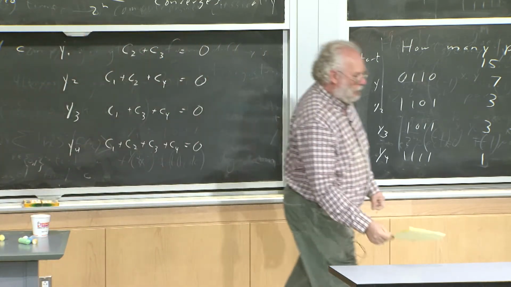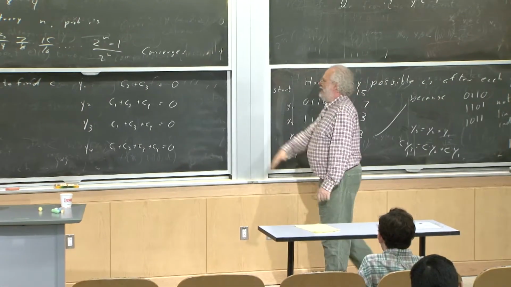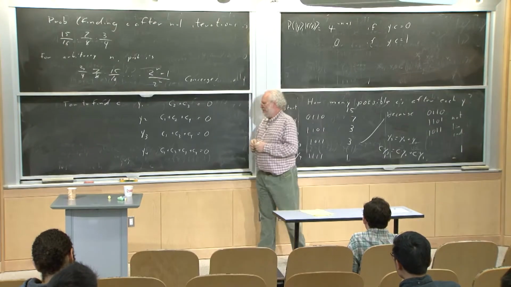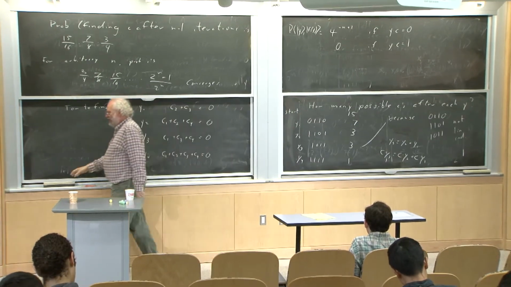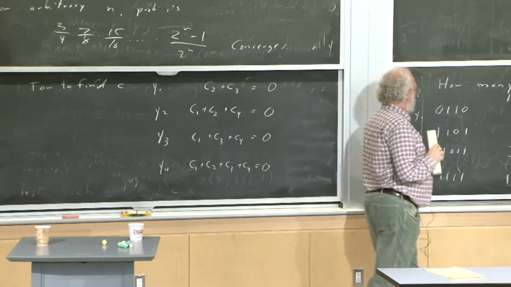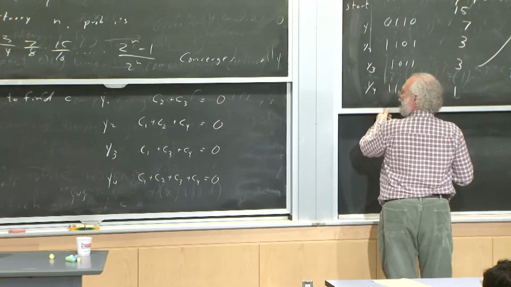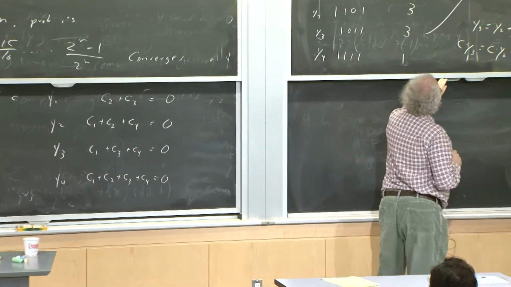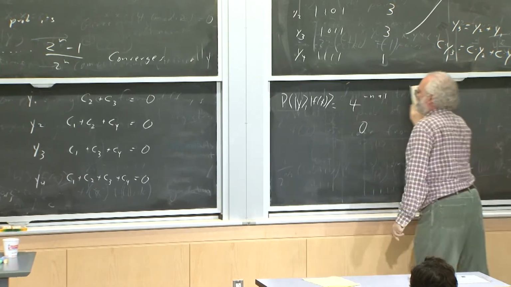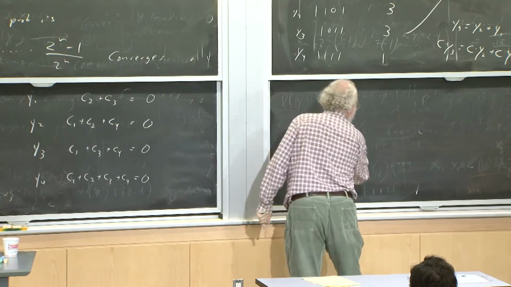So what we're going to do is take these equations and eliminate variables one by one, which, if you remember Gaussian elimination, is how it worked. So let's hope this works.